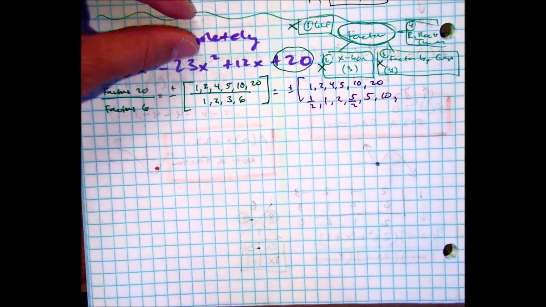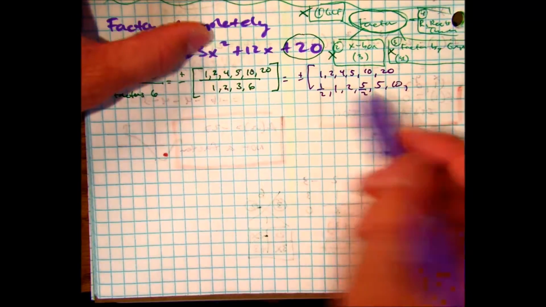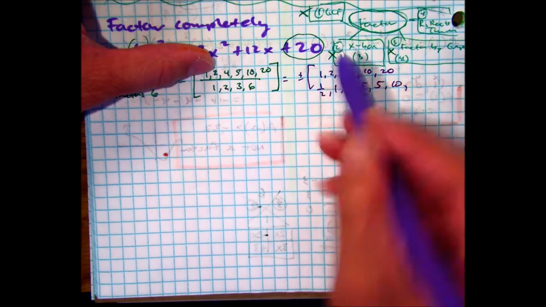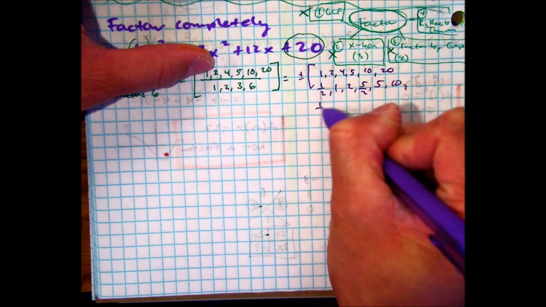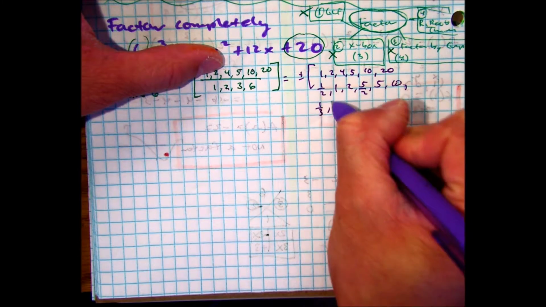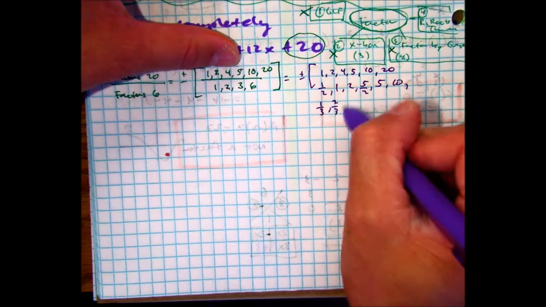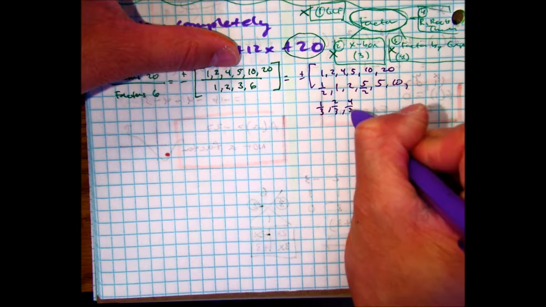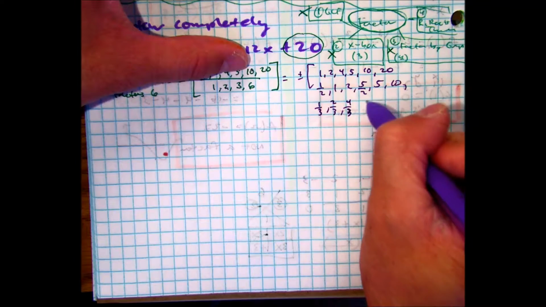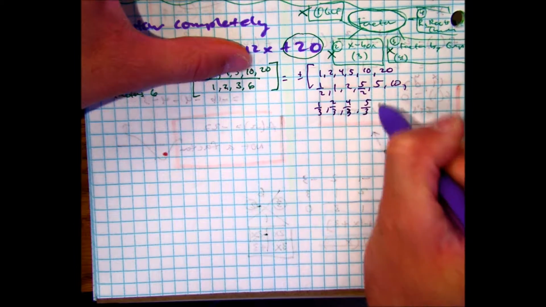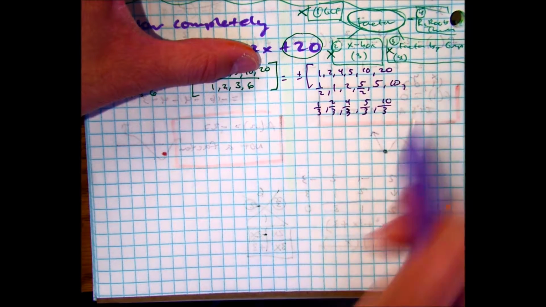Oh wow, look at all this. Okay, now we're going to do all these numbers over 3. 1/3. 2/3. 4/3. 5/3. 10/3. 20/3.